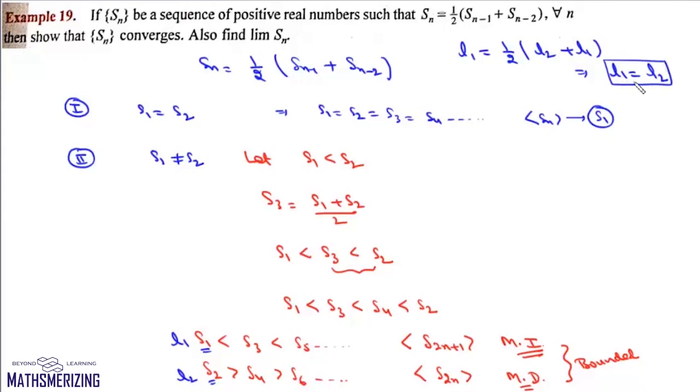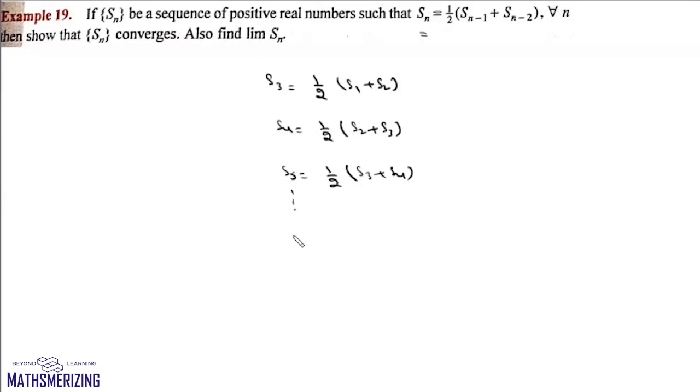So both the subsequences converge to the same limit, say L. Now from this we can write S3 equals 1 by 2 (S1 plus S2), S4 equals 1 by 2 (S2 plus S3), S5 is 1 by 2 (S3 plus S4), and the same way we can write S_n will be 1 by 2 (S_{n-1} plus S_{n-2}).